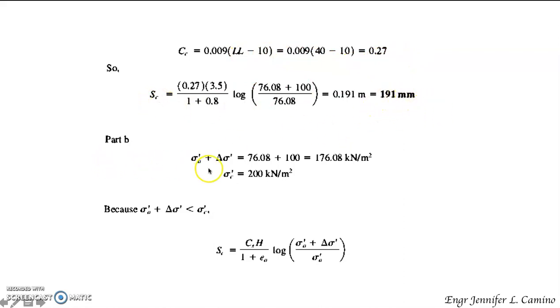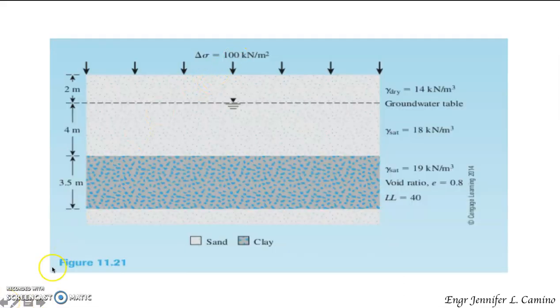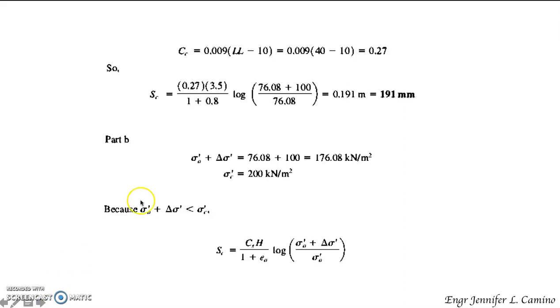So part B, sigma prime O plus delta sigma prime is equal to, you simply have to add your computed average value for the effective stress, 76.08, and your delta sigma prime, that is the surcharge additional load, which is 100 kilonewton per meter squared, so it gives us 176.08 kilonewton per meter squared.